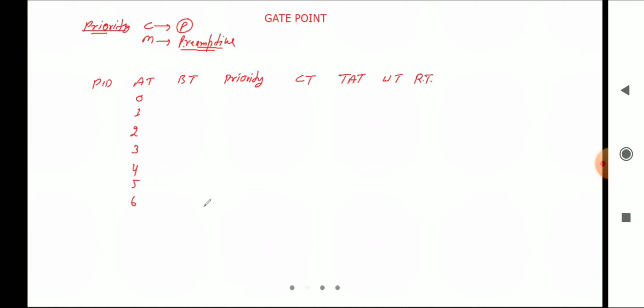Okay, 6, right? And burst time is given as 4, 2, 3, 4, 3, then 5, 1, 4, and 6.